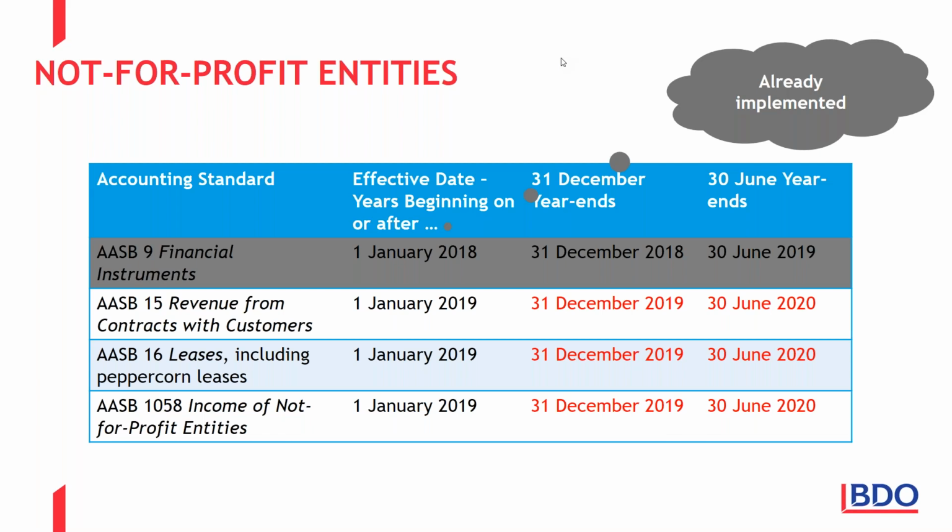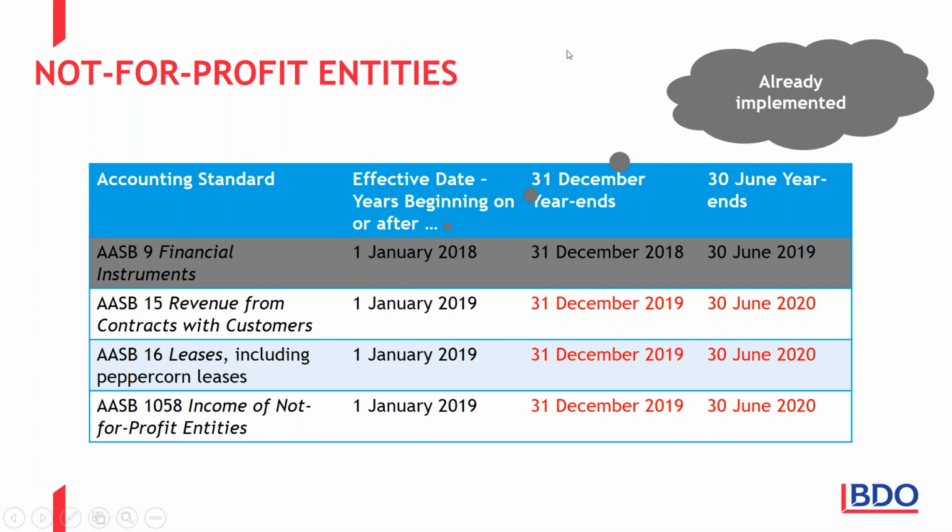However, if we group AASB 15, 16 and 1058 together, if you've got a 31 December year end, you would already be within your first year of implementing and applying these standards. And if you've got a 30 June year end, you're actually very close to the start of your first year of implementing these standards.